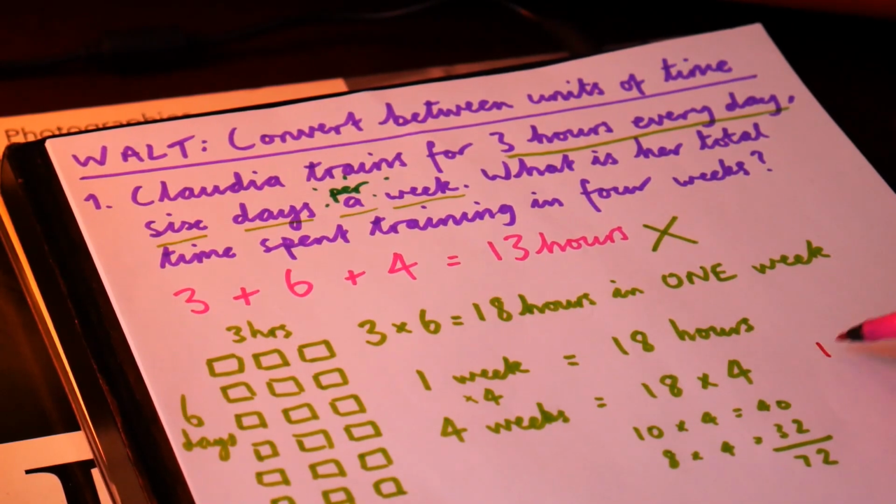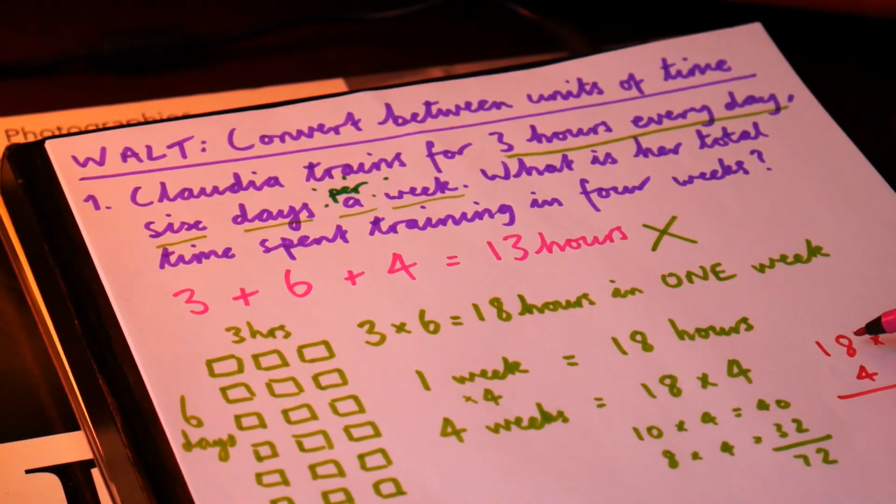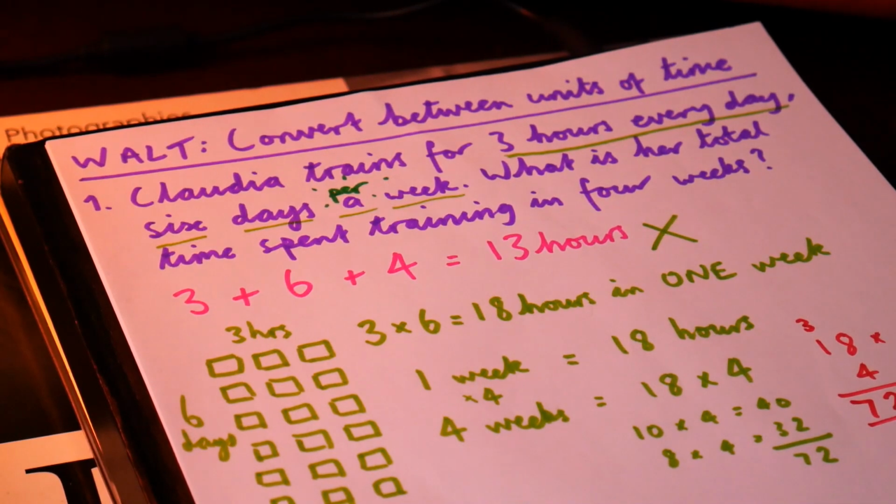So that's going to be 18 times 4. I know some of you prefer to do things this way. That's absolutely fine. 8 times 4 is 32. So I write the 2 and I add the 3 later. 1 times 4 is 4, add 3 is 7. So guess what? We get the same answer.